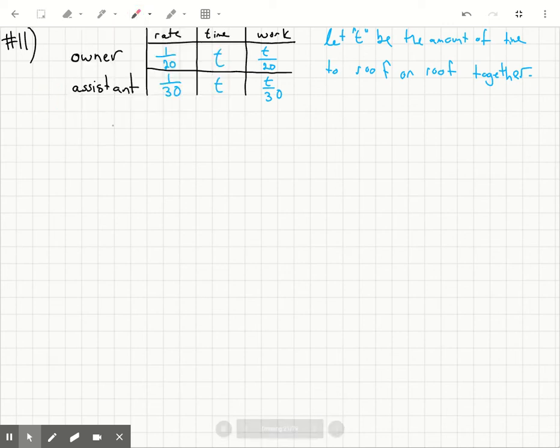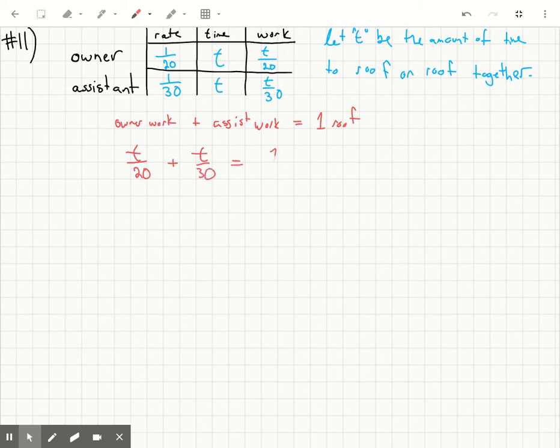So we have the owner's work, plus the assistant's work, is equal to one roof. Okay, so let's go ahead. The owner's work was T over 20, and the assistant's was T over 30 equals 1.